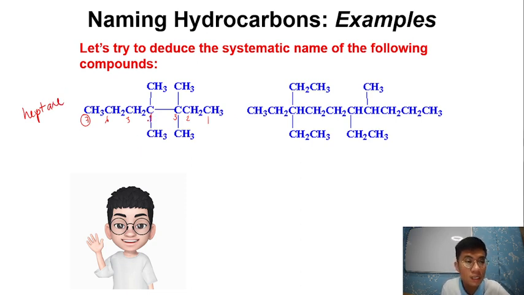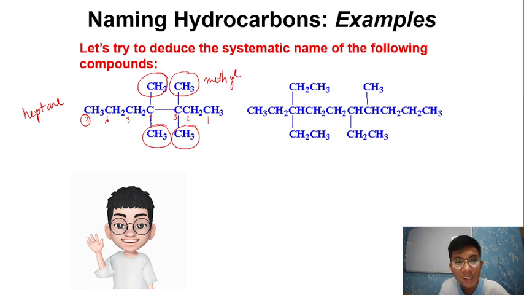Ngayon, ano ang mga substituents? So, itong mga to, these are your substituents. And what is the name of the substituent? So, this is methyl. Ngayon, ilang beses na ulit yung methyl group? So, 4 times. So, ngayon, ano yung tawag dun sa prefix with 4? So, hindi to yung prefix ng 4 for carbons. Dapat prefix kung ilang beses na ulit. So, when you have 4, this is tetra. Oh, ngayon, nasaan yung ating mga methyl?